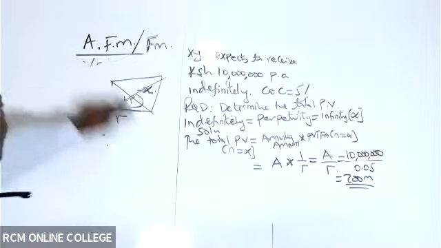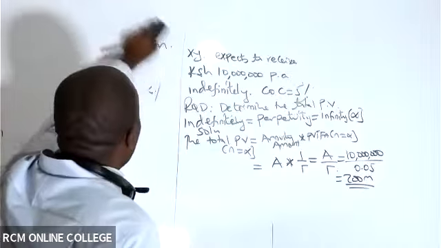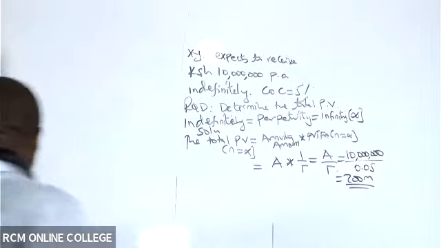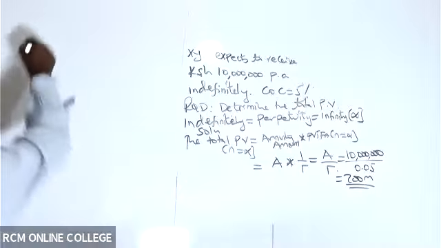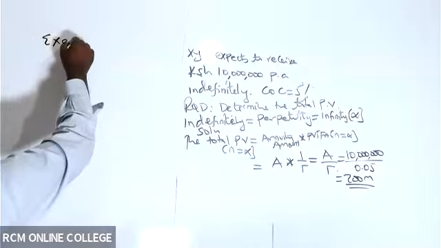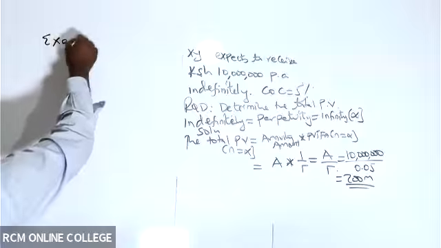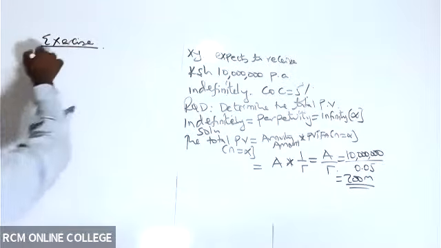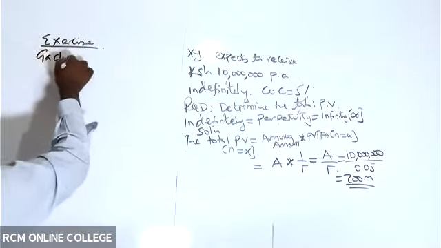Now, my good students, very best students here, please listen to me very well. In this case, I would want us to look at example 2, an exercise. We have our great gentleman here called Gashagua.